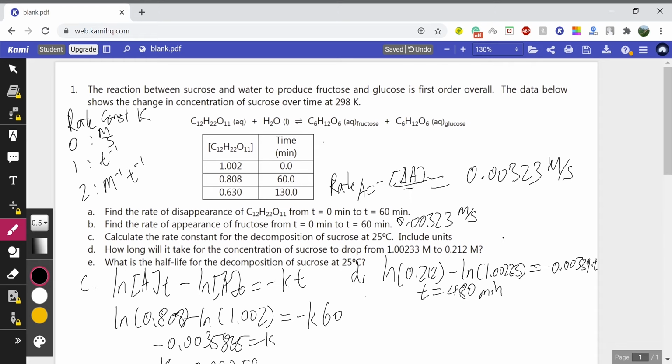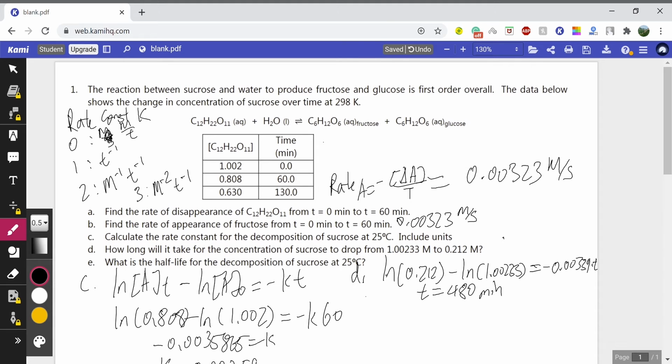Now you can kind of see a pattern here. First we have M on top, and then we don't have M anymore, and then we have M to negative first. As you may have guessed, third order will result in M to negative second power times time to the negative first. Time is always negative first. And over here when I wrote molar over second, that is actually incorrect. It's molar over time, depending on what your time unit is.